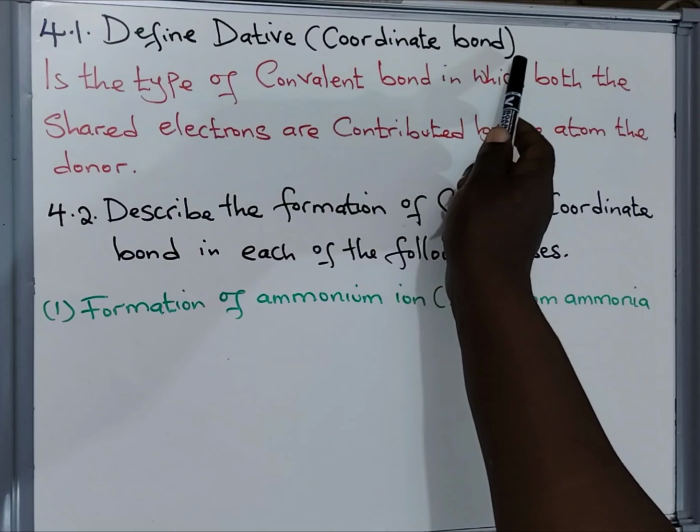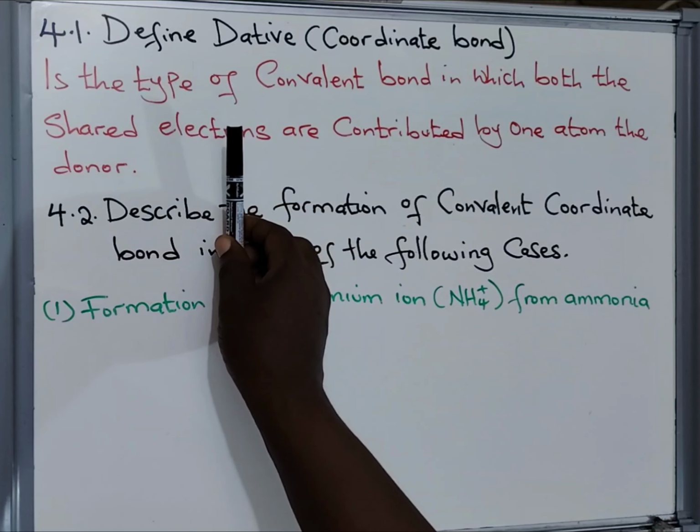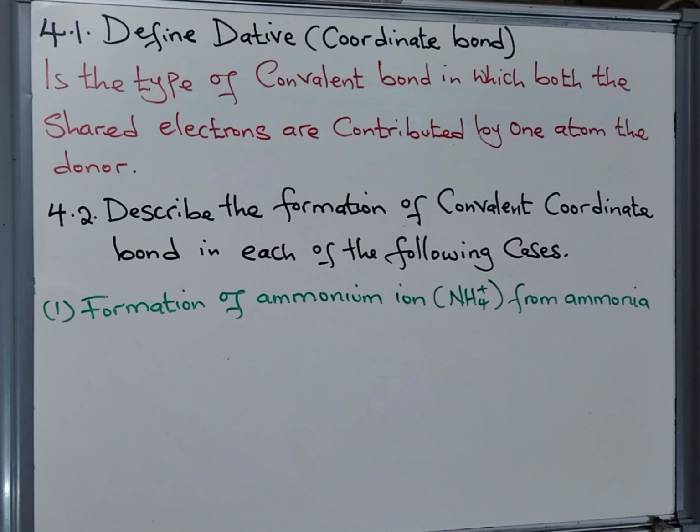That is not the case with dative bond. In dative bond, both the shared electrons come from one atom, which we call the donor, going to the other atom, which we call the receiver.